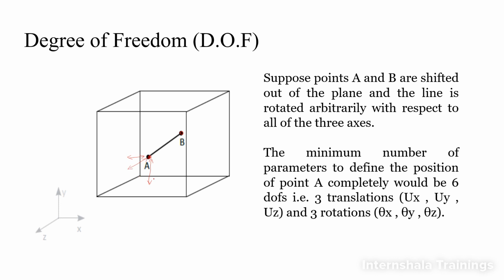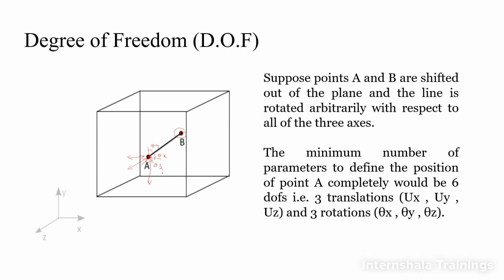So we have 3 linear dimensions, and in addition to that, for me to define the position of point B, I also need the rotation angle about the x-axis, which is theta x, about the y-axis, which is theta y, and about the z-axis, which is theta z.